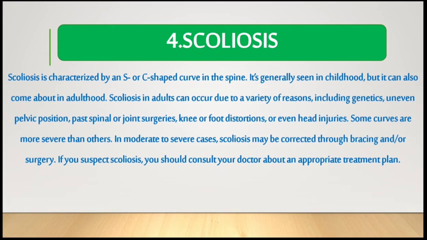The next deformity is scoliosis. In the previous class video I told you what scoliosis is, so again I repeat this. Scoliosis is characterized by an S or C shaped curve in the spine. It is generally seen in childhood, but it can also come about in adulthood.